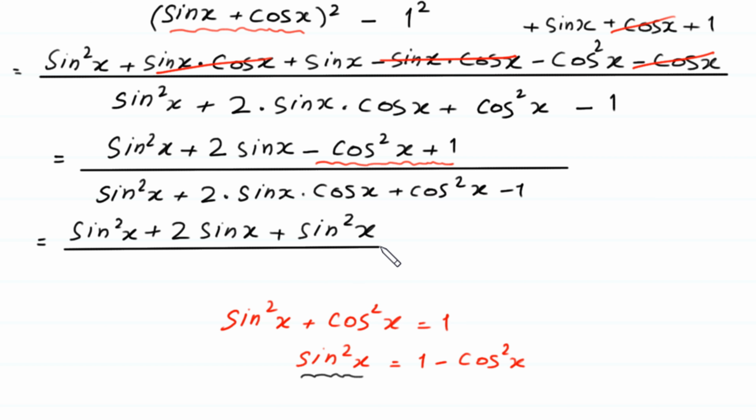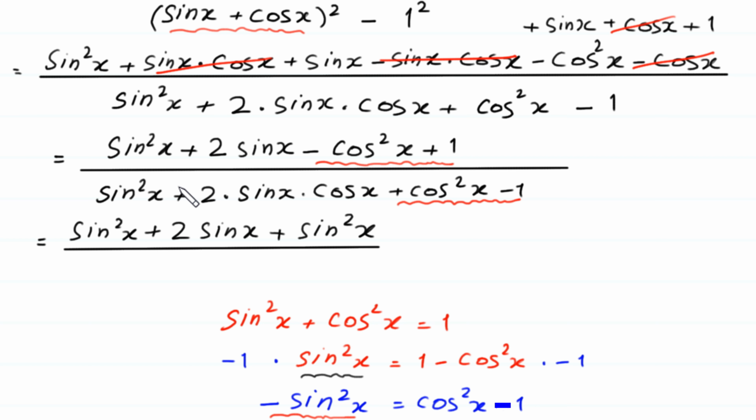divided by, now if we multiply both sides of this equation by negative 1, we get that negative sine square x is equal to cos square x minus 1. So in the denominator we replace this cos square x minus 1 with this negative sine square x.